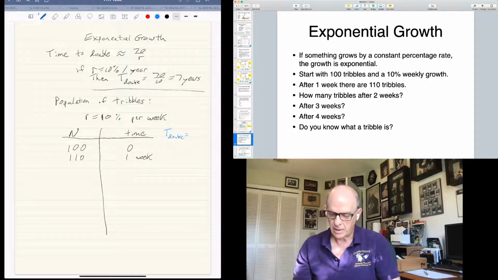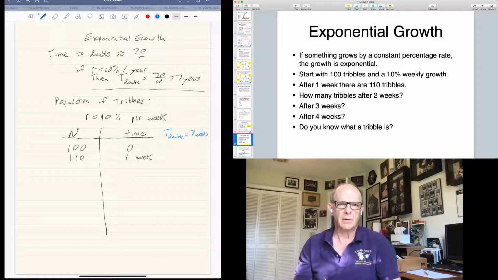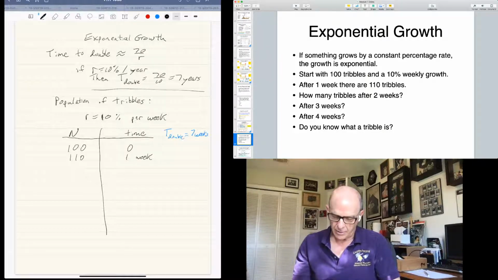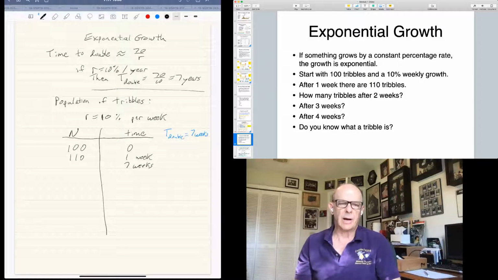That's 7, and it's weeks, not years, because they're growing at 10% per week. So after 7 weeks, how many tribbles would I have?